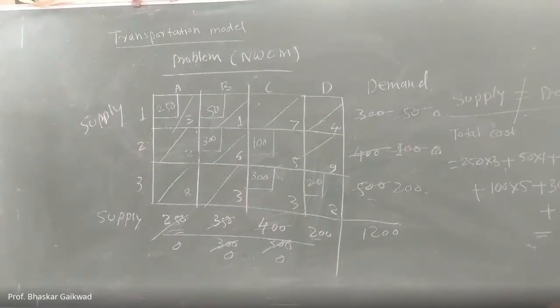Now this problem is over. Anybody having any doubt, you can ask. Northwest corner method, is it okay? Or shall I repeat? First method of transportation models.